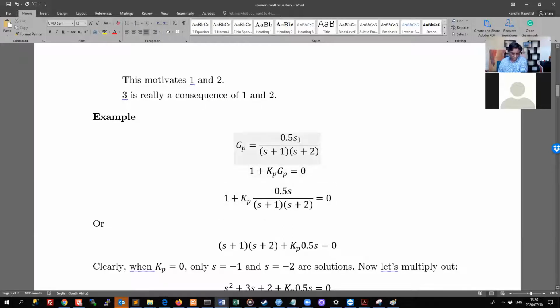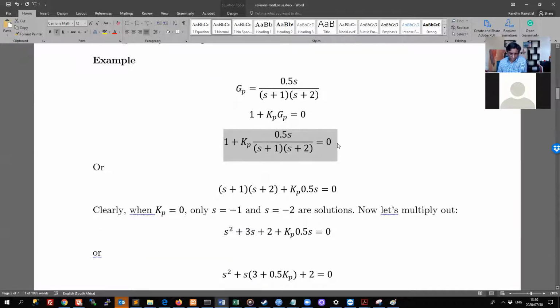So if we substitute this function for GP here, that's the function that we want to draw our root loci for. And looking at this function, if we just multiply this denominator out, so you've got 1 times this denominator. So there's the denominator sitting up here now. And then of course it disappears from this term.